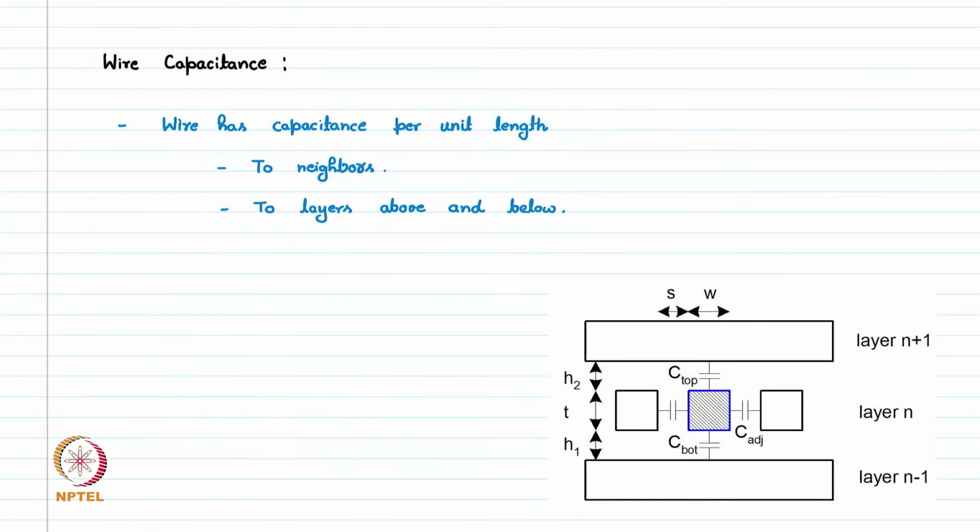For example, we have this cartoon of multiple wires running together. So, let us say this is our main wire, which is wire 1.